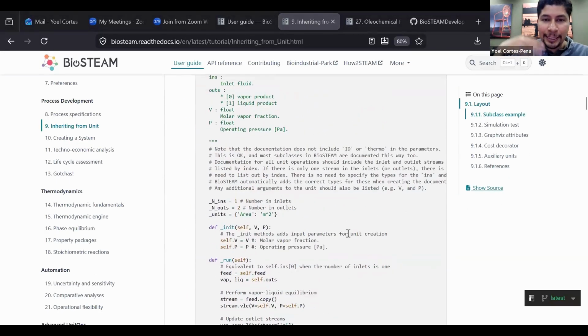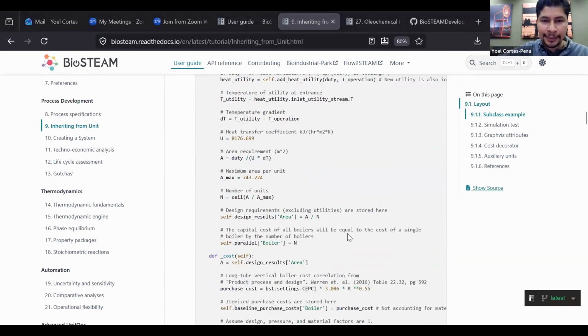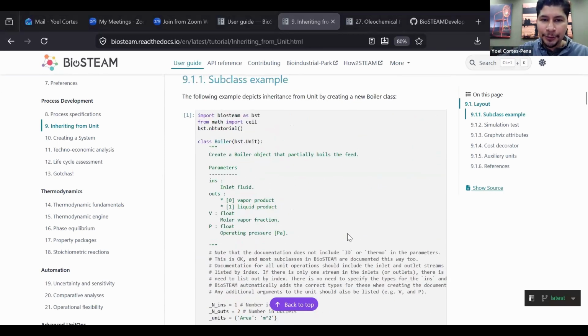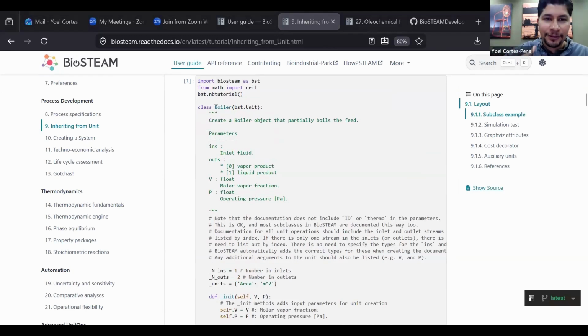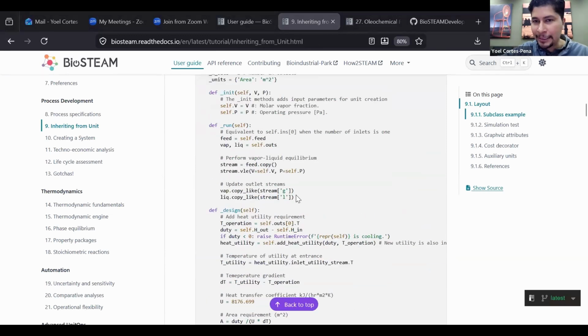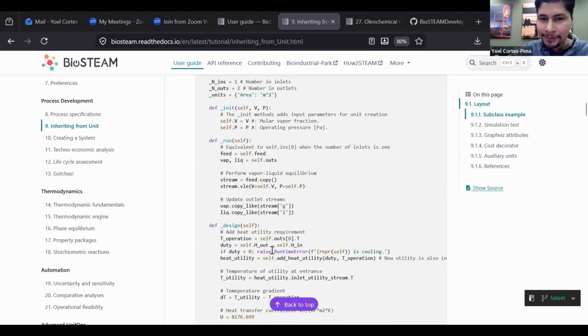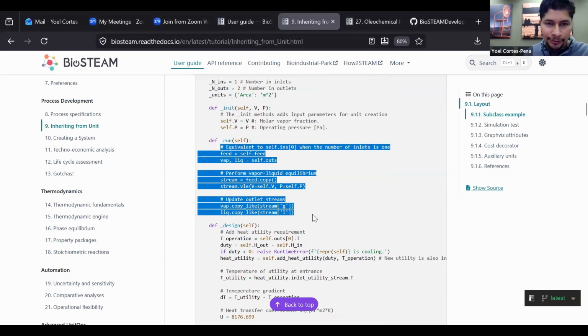That'll tell you the layout that unit operations use to define mass and energy balances, design, and costing. So you can inherit from an existing unit operation in BioSteam and override the mass and energy balance, override the design, or override the costing. Everything is possible. And you can specify however you want to run your unit operation within the run function.